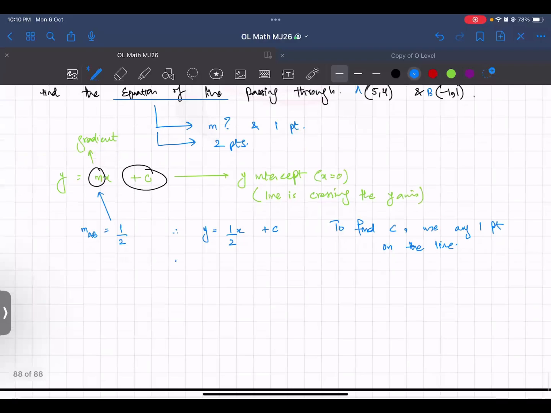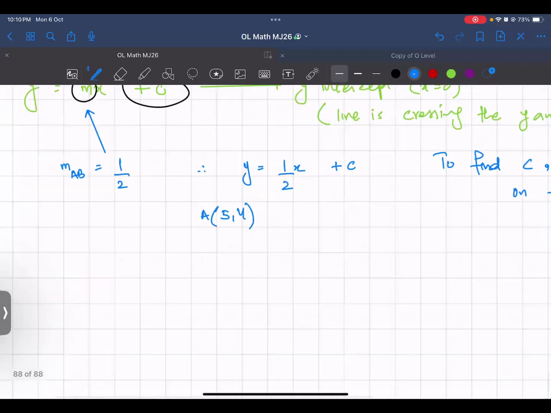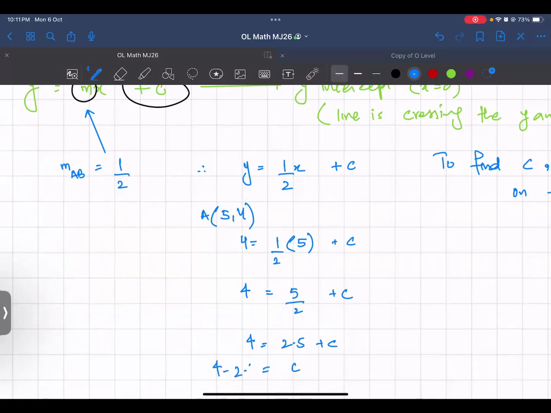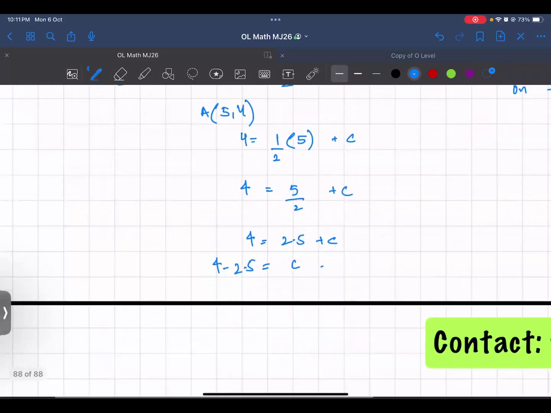Let's suppose I am taking the point A, which is 5, 4. So the value of y is 4 and the value of x is 5. So what do I get? 4 equals 5 upon 2 plus c, and 4 equals 2.5 plus c, and then c is 4 minus 2.5. And this would be equal to 1.5 or 3 upon 2.